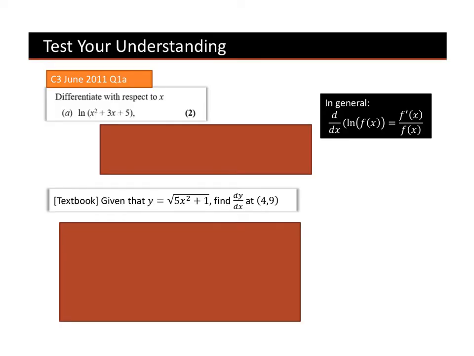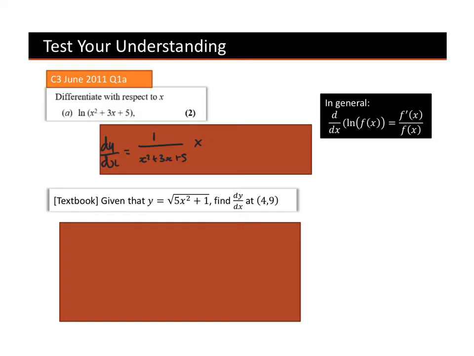Okay, test your understanding. You got this. If we differentiate ln of x, we get 1 over x, which in our case is 1 over x squared plus 3x plus 5. Then we need to multiply by the differential of the bracket.